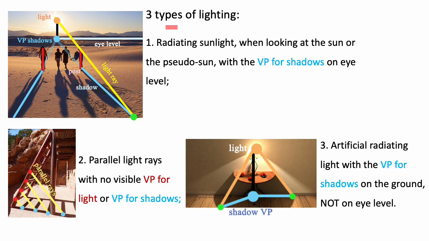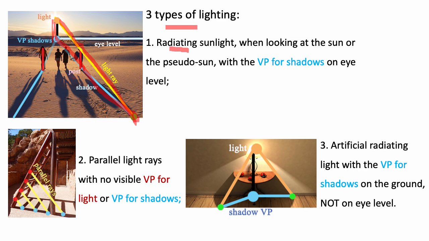In this video, I showed you three types of lighting. The first is radiating sunlight, where we see the vanishing point for the shadows and the light, and the lines through the bottom of the poles from this vanishing point go to the end of the shadow, and light rays pass through the top of the pole to meet at an intersection.